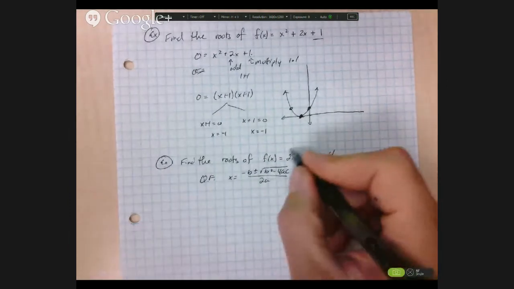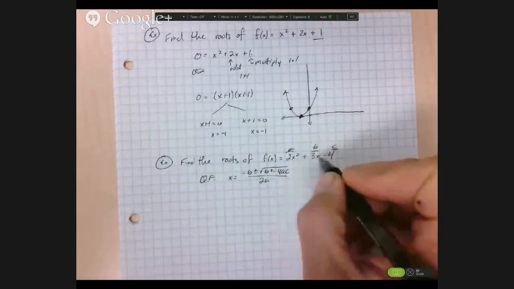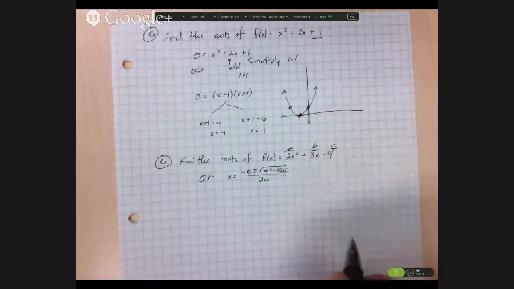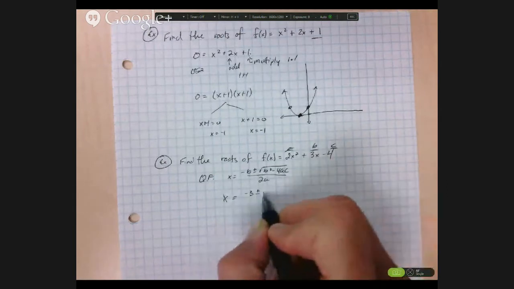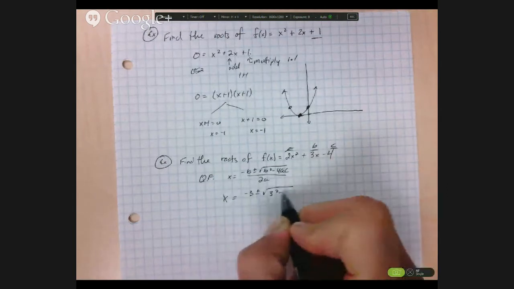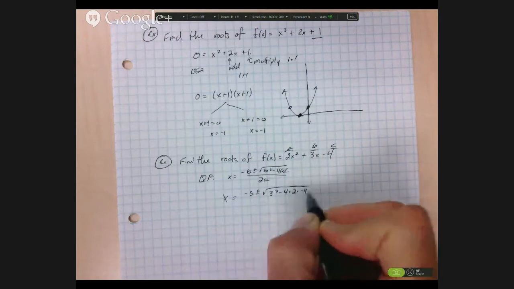Now remember, this is a, b, c. X squared, x, nothing. Okay. So -3, 3 squared minus 4 times 2 times -4.